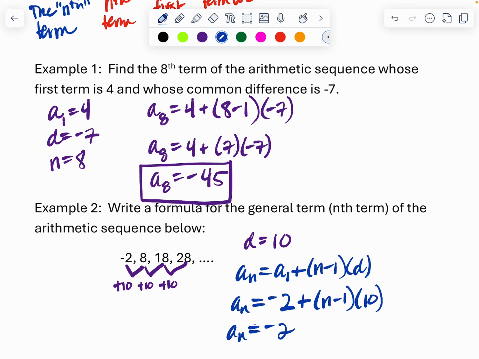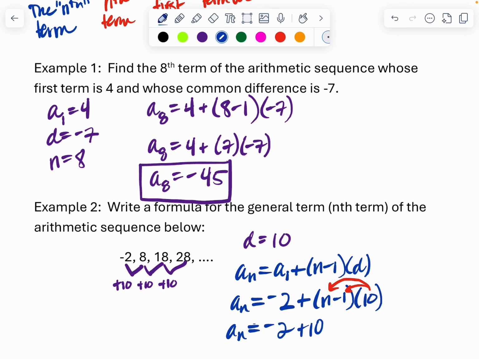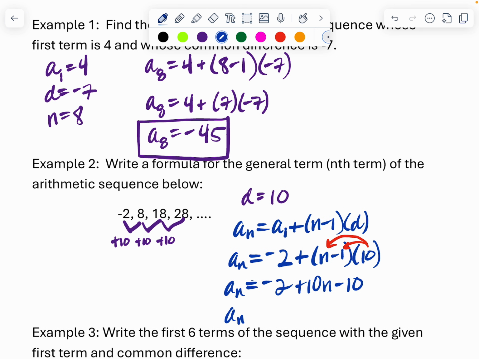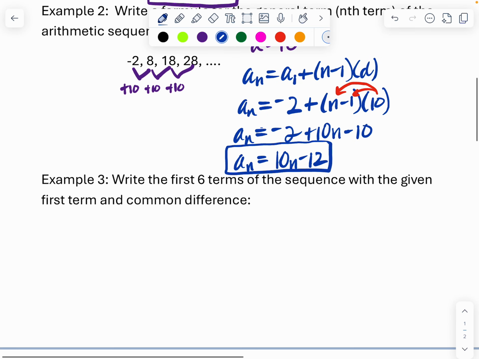So that gives us -2, and we need to distribute the 10 here. We're going to multiply that all together. So we get plus 10n minus 10. And then we combine our like terms. So that gives us 10n minus 12. And that would be a formula that would allow us to find the nth term, a general term for this sequence.